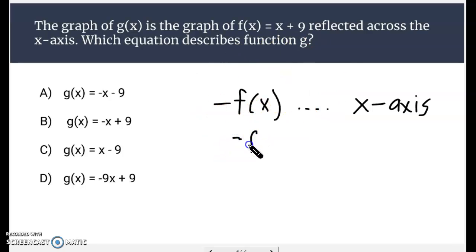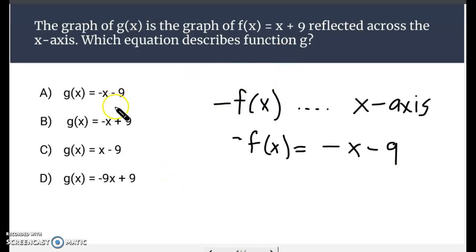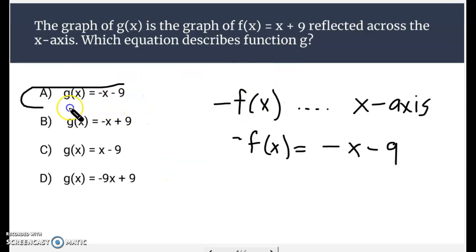So in this particular example of x plus 9, I'm going to change all the signs. I'm going to have a minus x and a minus 9. If I were to graph both of these functions, we would see, here letter A is our right choice. You could try this on Desmos too. X plus 9, graph that, and then also graph negative x minus 9 underneath it. You can call it g of x, and you can see how those are the reflection of each other over the x-axis. It's almost like the x-axis is a mirror, and you're looking at a reflection on either side.